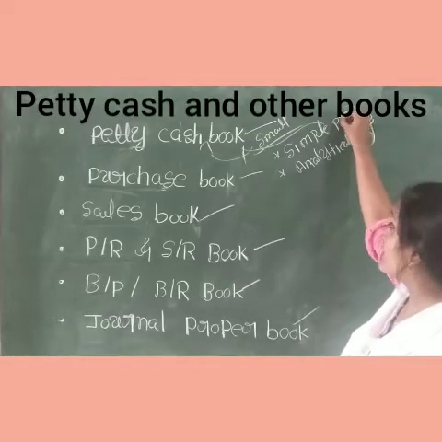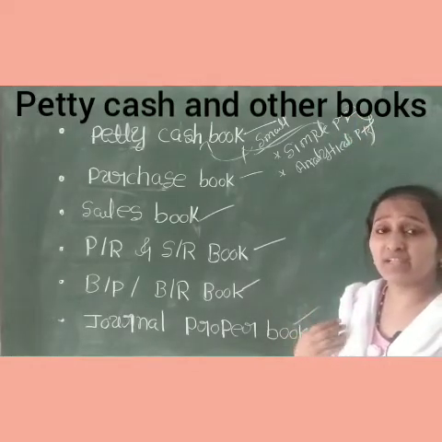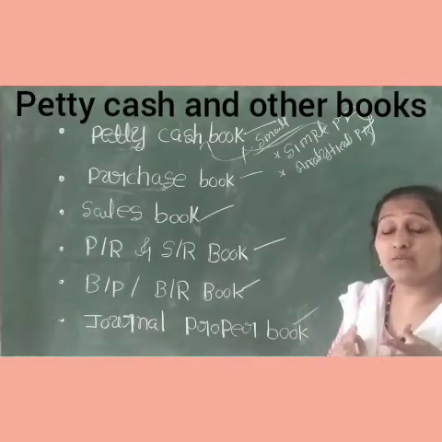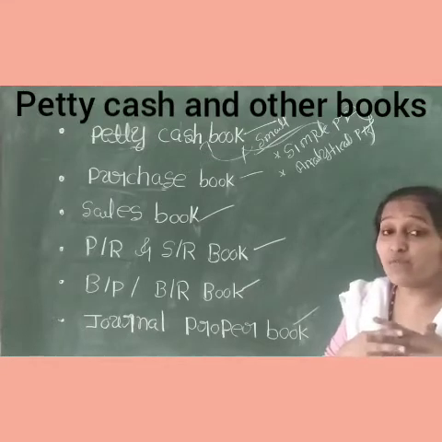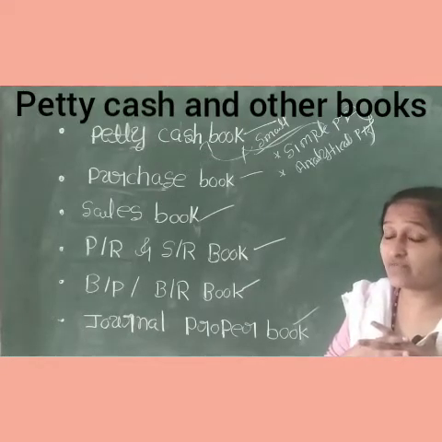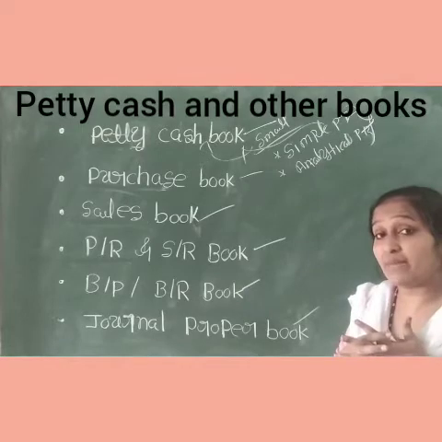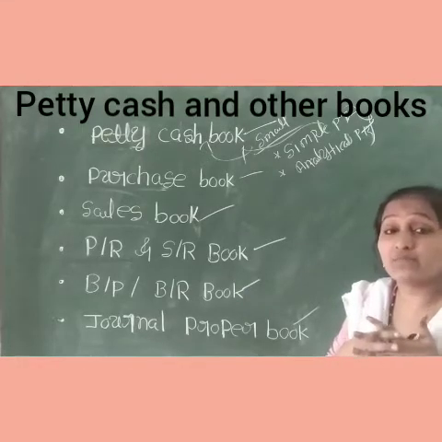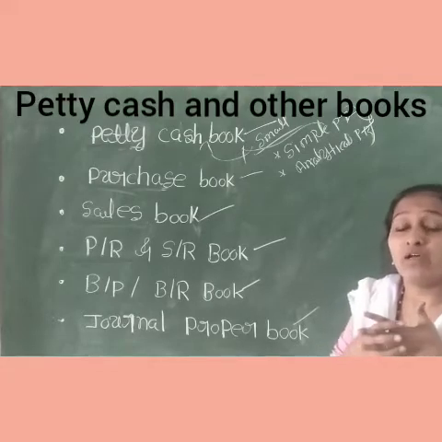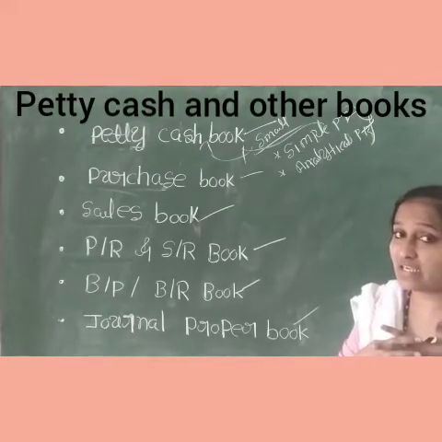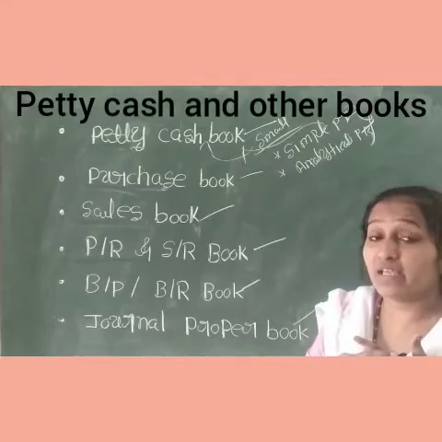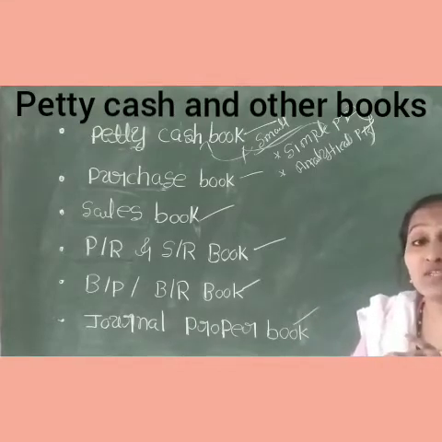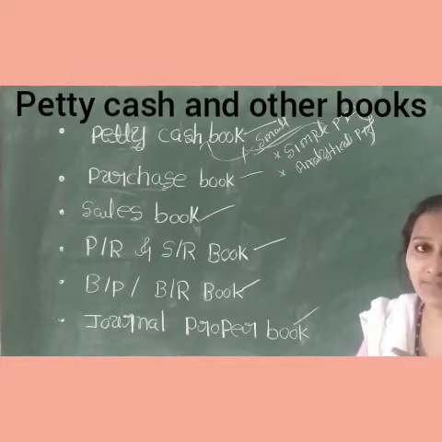Just to repeat, the one important thing which differentiates them is that in the simple petty cash book the amount columns are very few, but in the analytical petty cash book there are more. The number of expense columns will be more compared to the simple petty cash book.